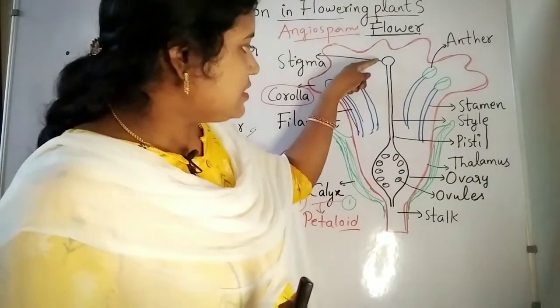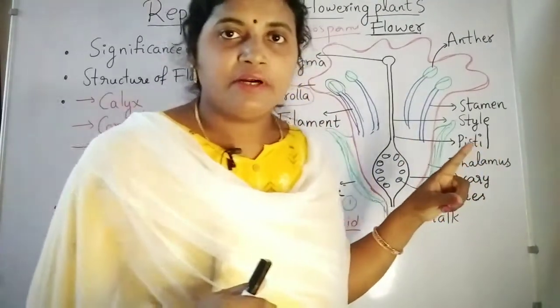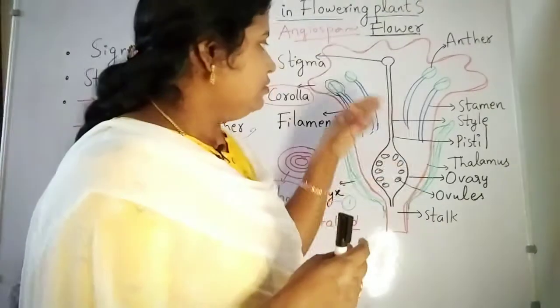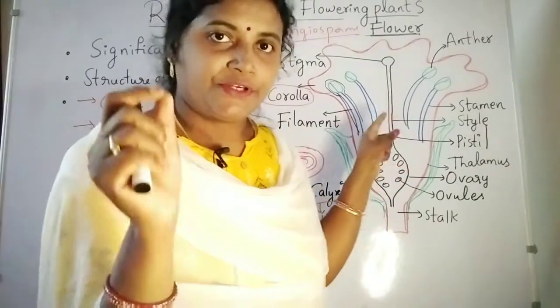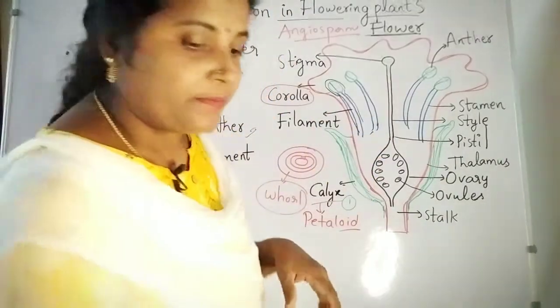Gynoecium is also known as pistil, or carpels. This carpel is the female reproductive part which produces the female gametes. What are the three structures present here?